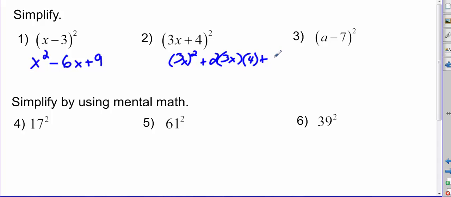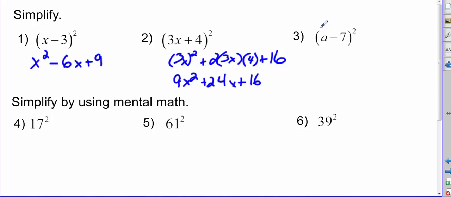And then we're going to end up with 4 squared, so we've got a 16 there. Simplify this, we're going to end up with a 9x squared plus 2 times 3 is going to be 6, and then we're going to multiply that times 4, so we're going to end up with a 24x for our second term, and then the 16 comes down as well. That one's in standard form, and we are done there.